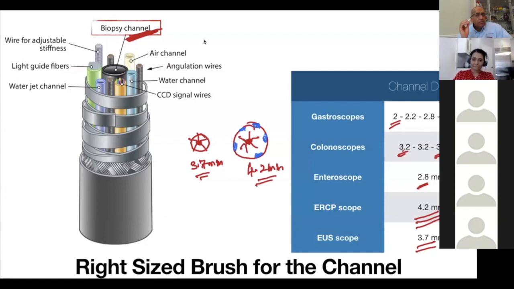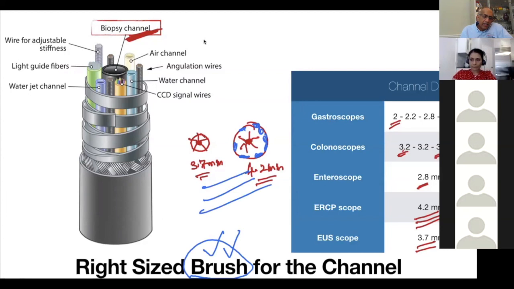So it is important to pick the right size brush for the right channel. And unless somebody is very particular in taking that precaution, you could leave a lot of stuff in the biopsy channel. And once you leave it and create a biofilm, it's not going to get better. So that's a very important concept to keep in mind.